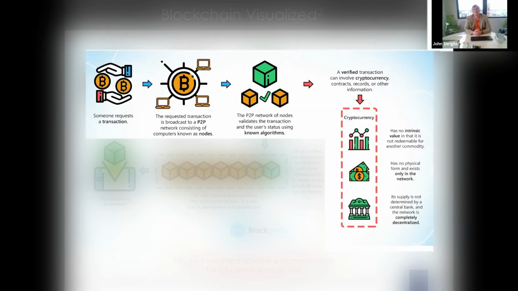And if you continue to follow that below, you'll see that cryptocurrency is often the basis for this. It has no intrinsic value in that it is not redeemable for another commodity. It has no physical form and exists only in the network. Its supply is not determined by a central bank, and the network is completely decentralized.